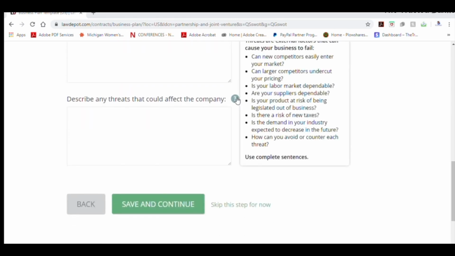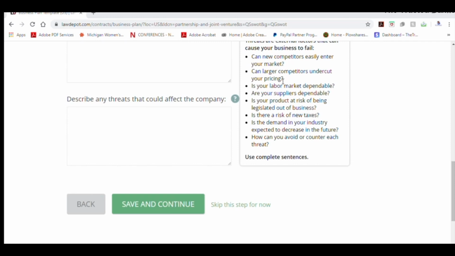And then your threats. Can new competitors easily enter into your market? Some people get a business-only agreement with some wholesalers where they can be the only one that does the retailing for that wholesale. No other competitors can wholesale with that marketer or that company.